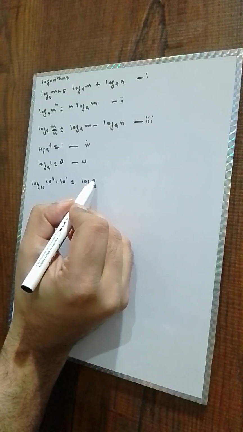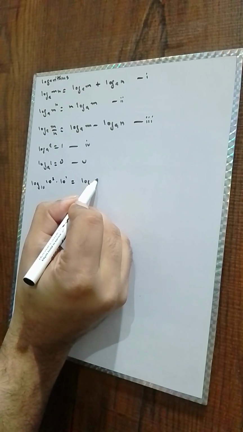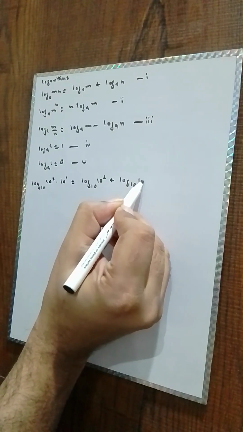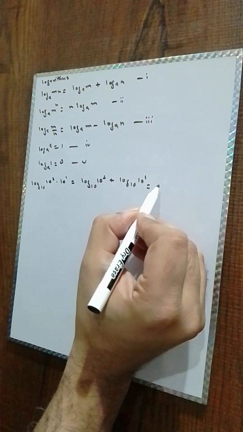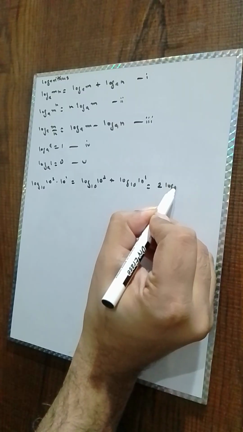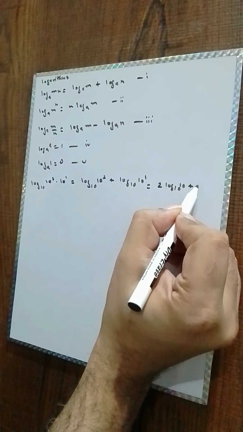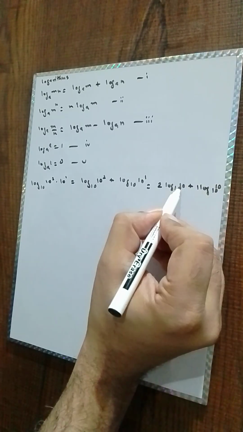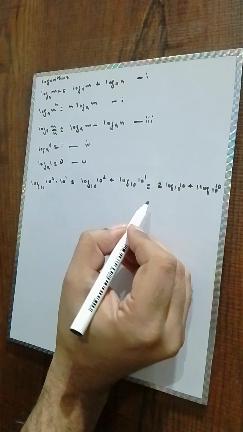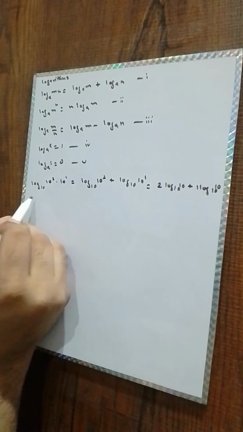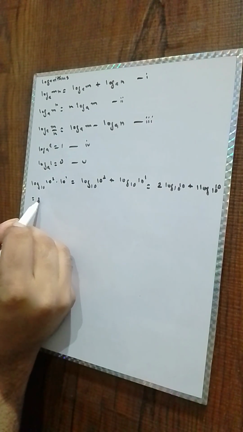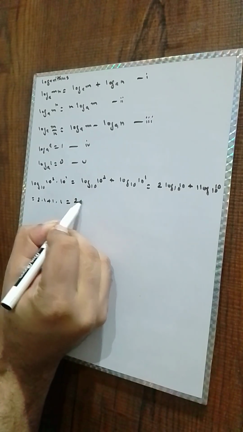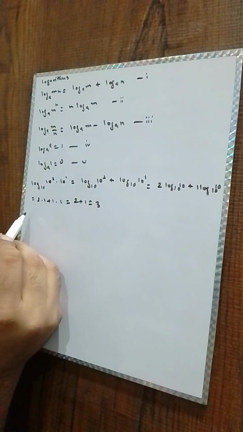Log base 10 of 10 to the power 2 plus log base 10 of 10 to the power 3, which will be equal to 2 log base 10 of 10 plus 3 log base 10 of 10. So this will be equal to 2 times 1 plus 3 times 1, which is 2 plus 3 equals 5.